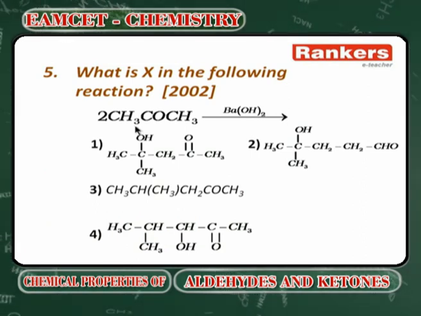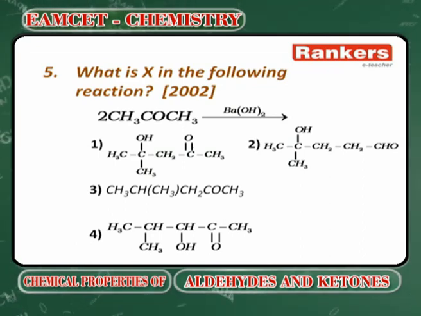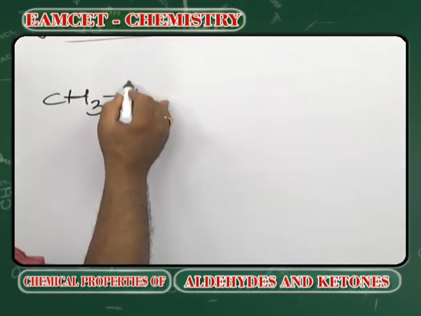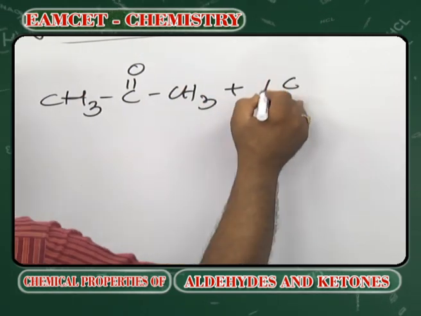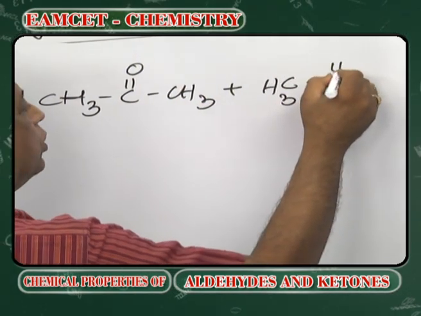What is X in the following reaction? Two acetones are joined here. Two acetones joined means an aldol condensation reaction. One acetone plus another acetone. The reaction may be written like this, CH3COCH3.